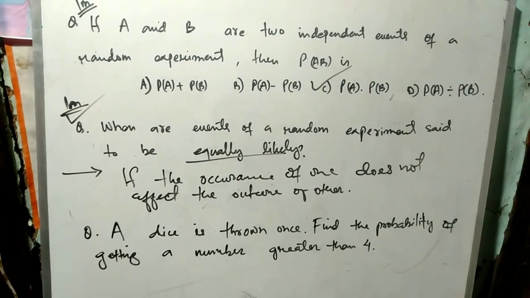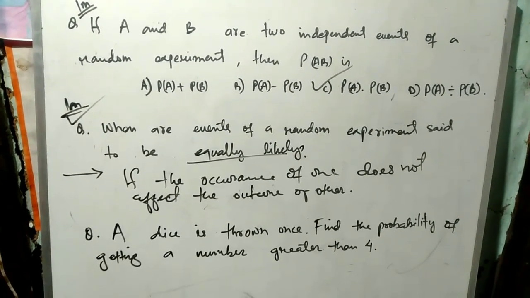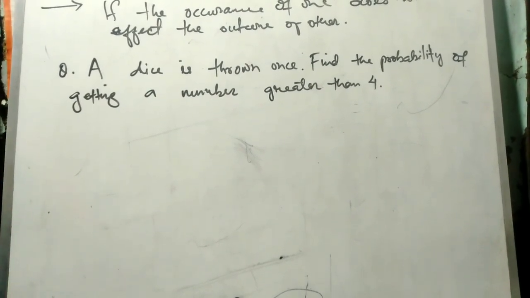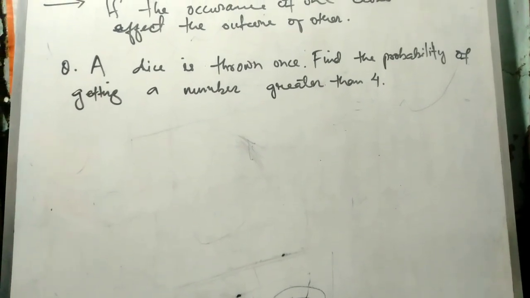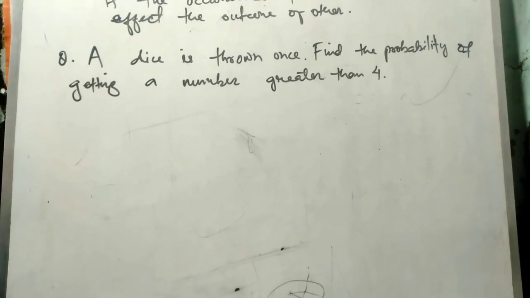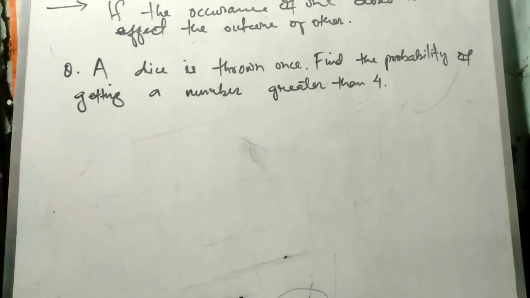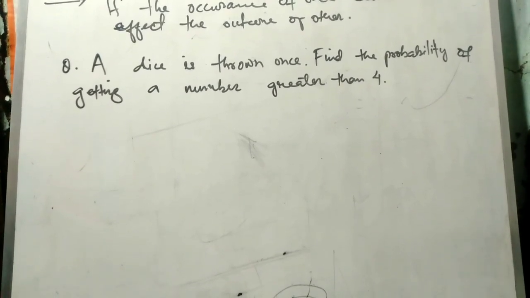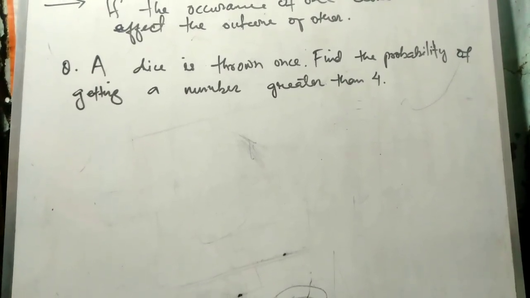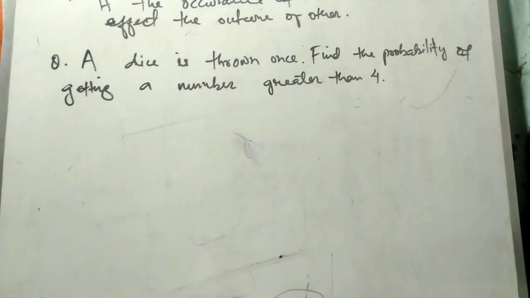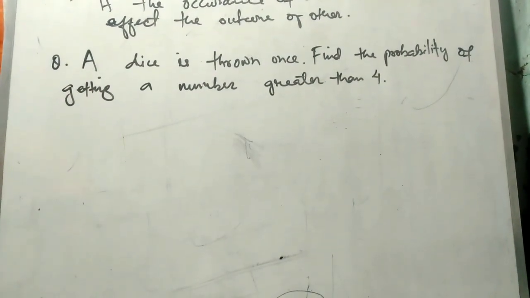These events are said to be equally likely events. Okay, now we already learned that equally likely events means the occurrence of the first result does not affect the outcomes of the other.